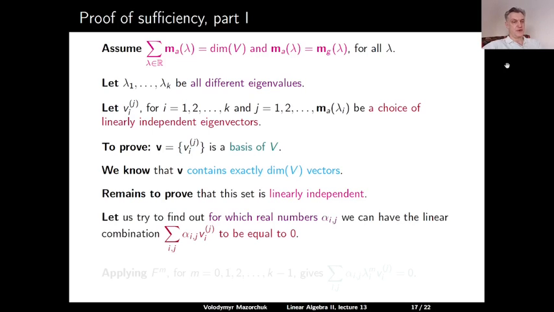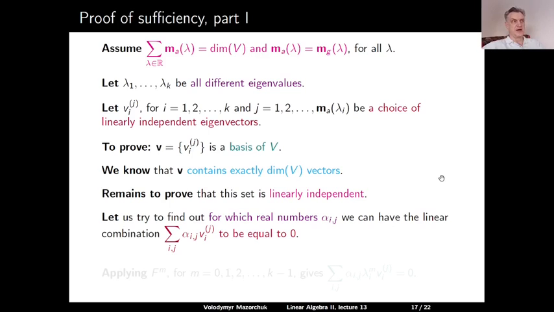So let us try to find out for which linear combinations of the elements in this set the linear combination can be the zero vector. So we consider a linear combination, the sum over all i and j of the coefficient alpha_ij times v_i^j, and we equate this linear combination to 0.